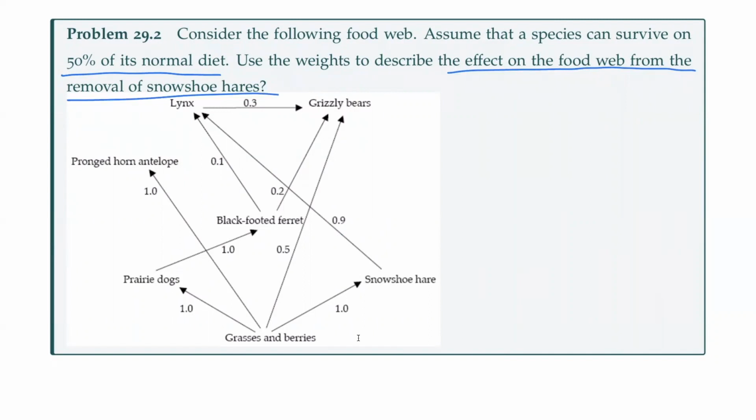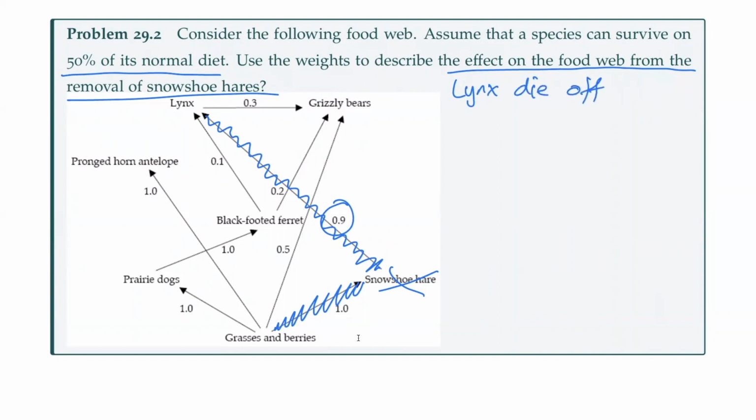Okay, so let's think about what happens if we get rid of snowshoe hares. That means that this edge is going to be removed, and this edge is also going to be removed. So what does that mean? That means that lynx are going to lose 90% of their diet. So lynx are going to die off. They're going to go extinct as they lose 90% of their diet.